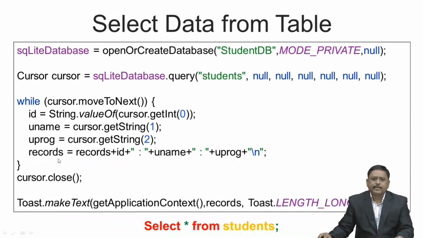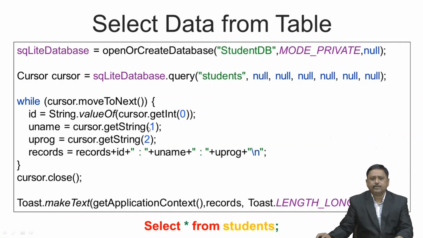And inside String value I write records is equal to records plus id colon username colon user program, whatever values we have fetched. So initially it fetches one record, then again this loop executes.